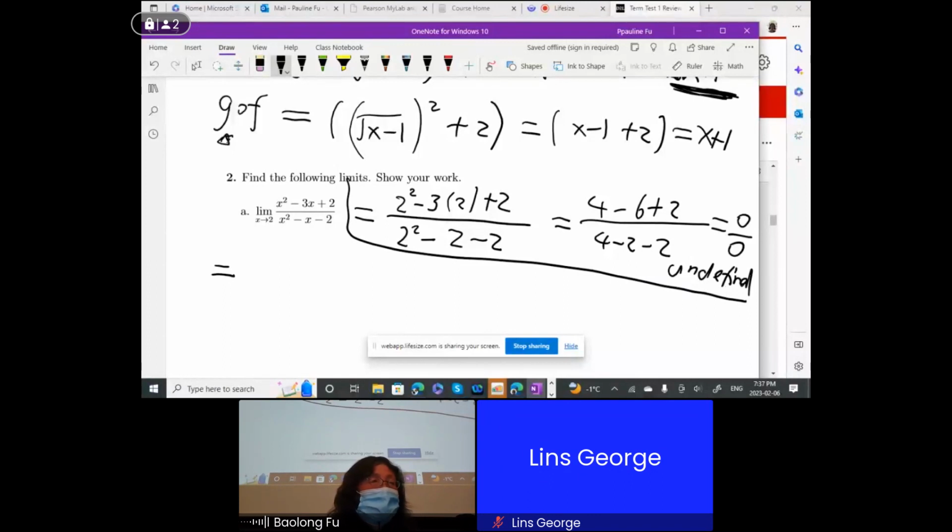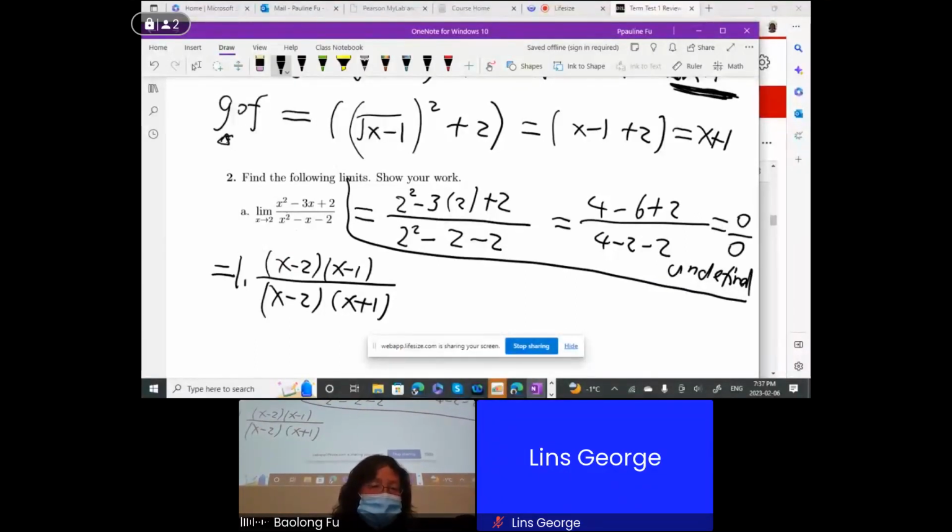So what you do, you factor the numerator and the denominator. On the top, it is equal to x minus 1 times x minus 2. On the bottom, it is x minus 2 times x plus 1. You need to do this first. Factor denominator and numerator.